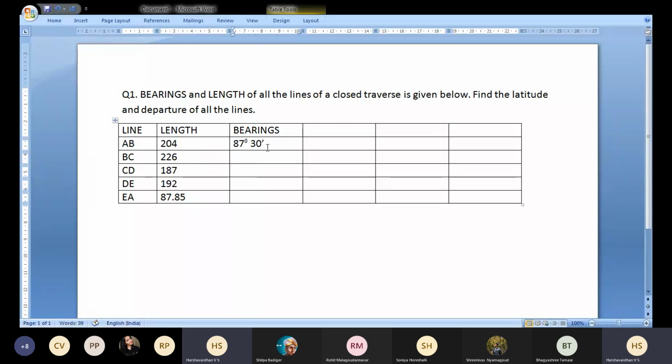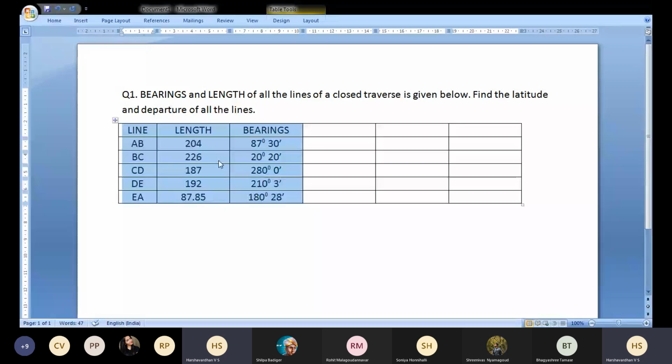Bearings are given in terms of whole circle bearings. Okay, so this is the given data.